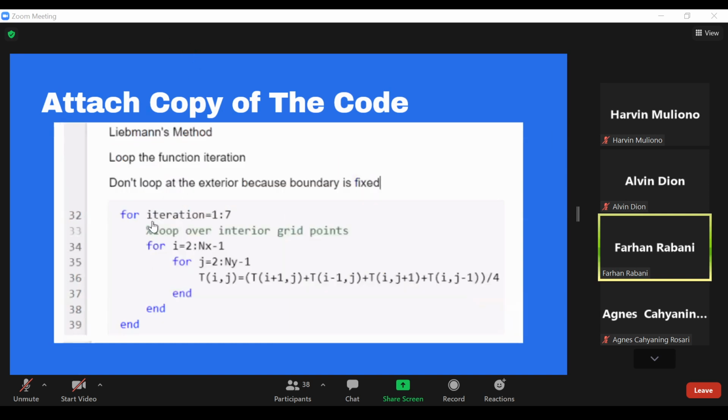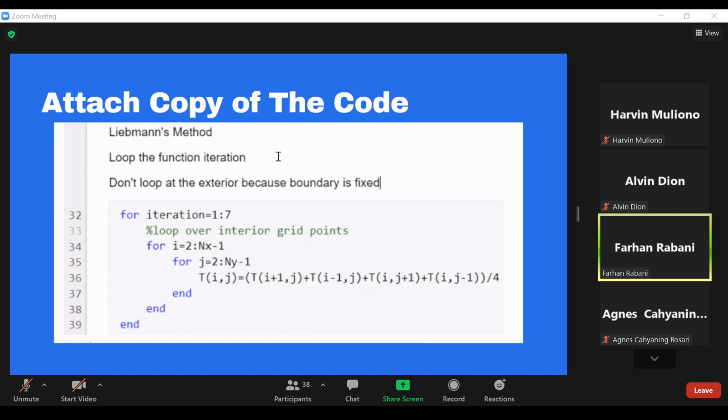Next, we apply the Liebmann method or Gauss-Seidel method to loop the function over all of the interior grid points. We don't loop over the exterior because the boundary is already fixed from the previous section. We use 7 iterations so that the error is very small. For iteration 1 until 7, we loop for i equals 2 until i equals NX minus 1, because we only calculate the interior of the matrix.